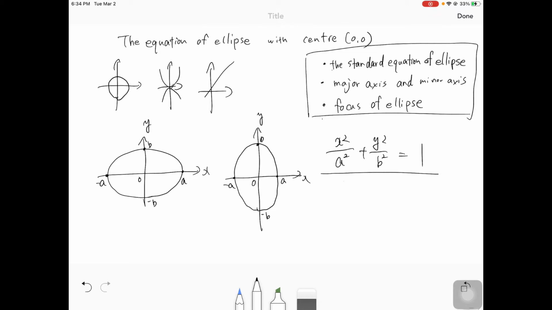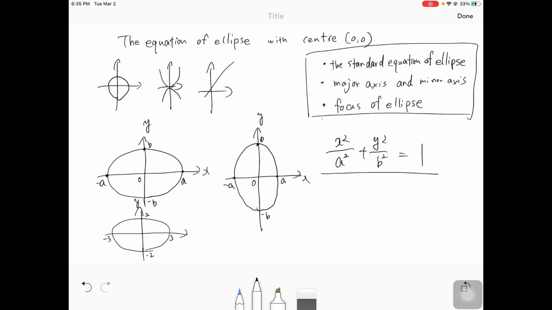It looks a bit complicated compared to the equation of circle, parabola, and line. But what you have to do is technically the same. You have to find the values of a and b to decide the exact ellipse. For example, if the ellipse is like that, the x-intercepts are 3 and negative 3, and the y-intercepts are 2 and negative 2.